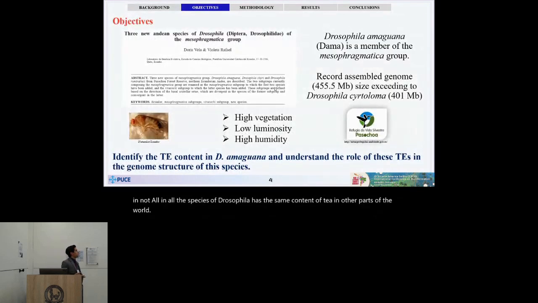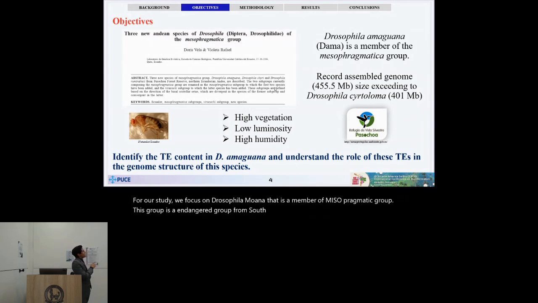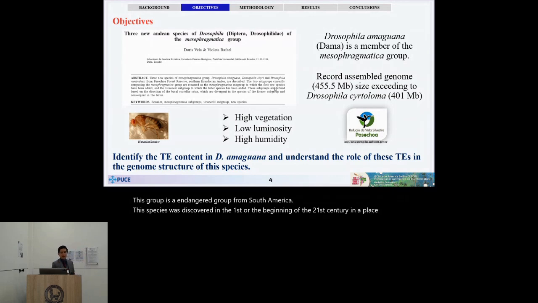For our study, we focus on Drosophila amaguana, which is a member of the Mesopragmatica group. This group is endemic to South America. This species was discovered at the beginning of the 21st century in a place with high vegetation, low luminosity, and high humidity.